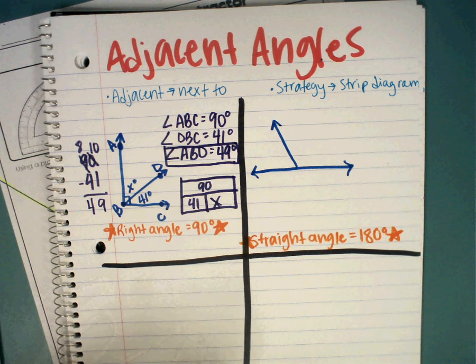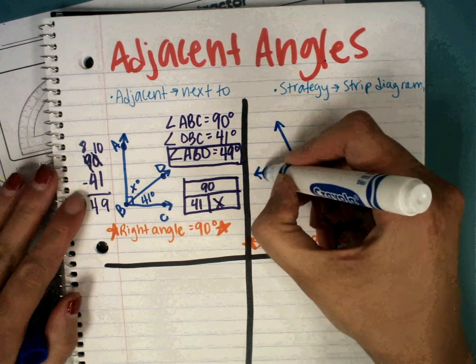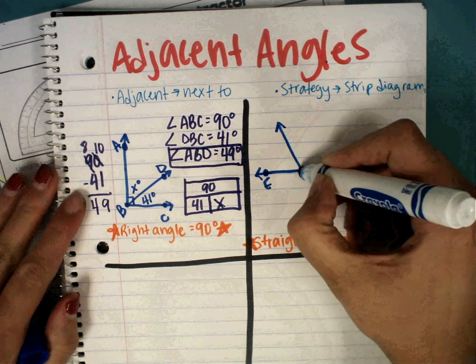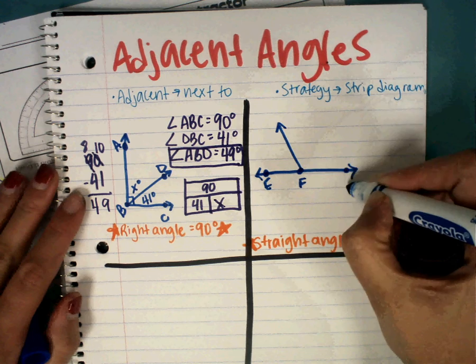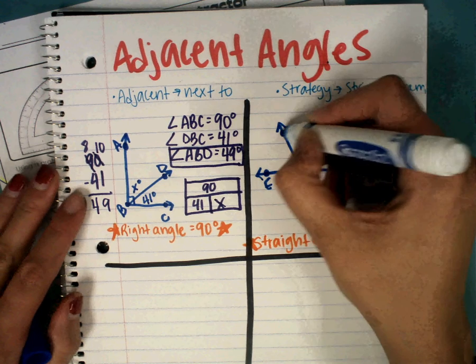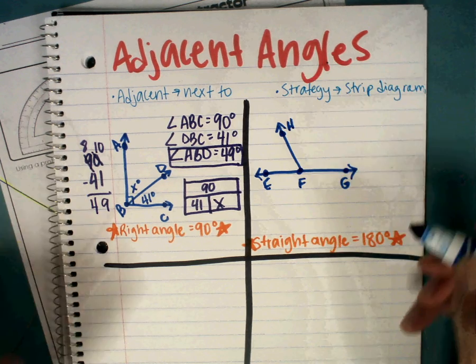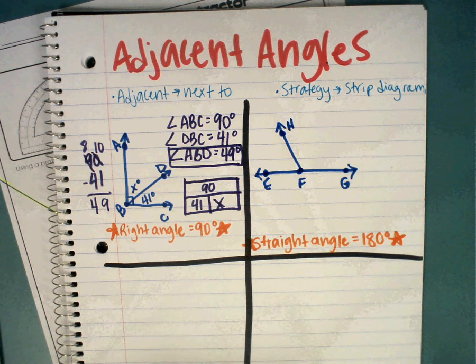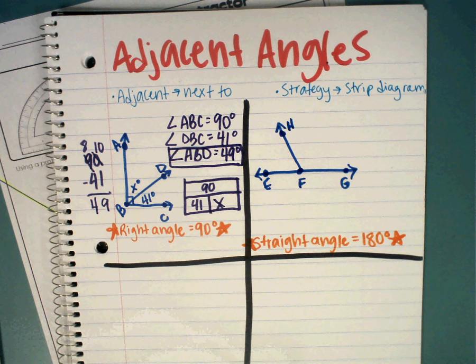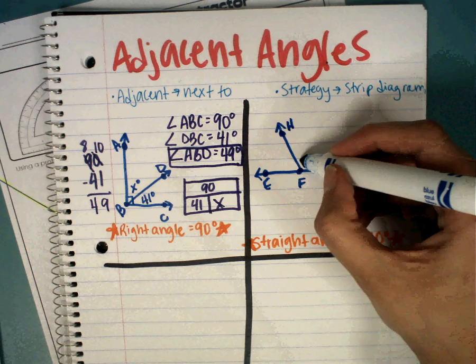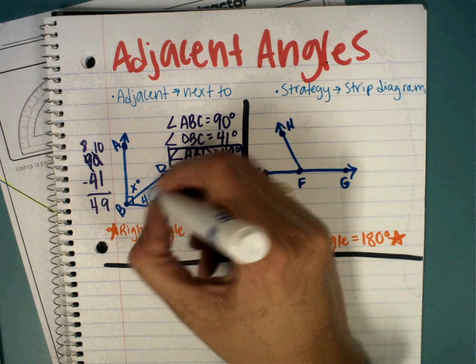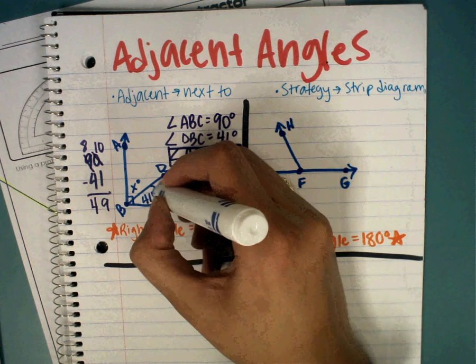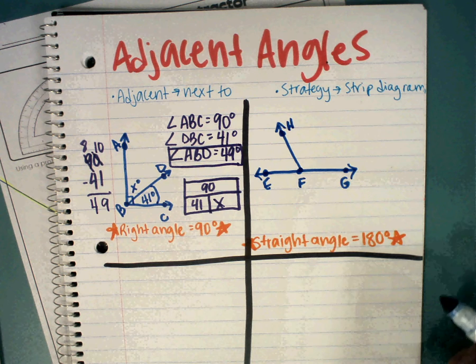So if I've got this angle right here, let's say that this is E, F, G, and then H right here, okay? And I know that from here to here, so hold on. Let's put a little thing right there just so you see that that's 41 degrees. That's probably easier for you to see.